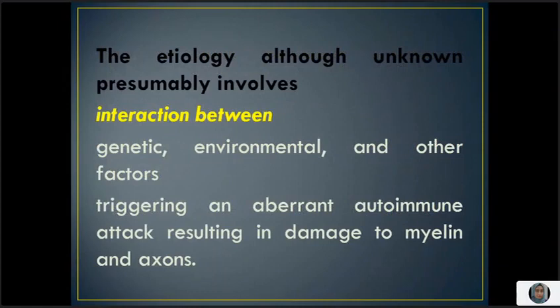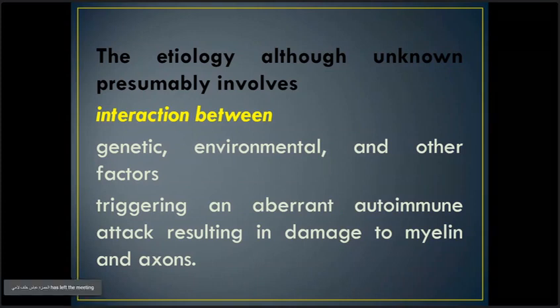As I mentioned before, the etiology is unknown, but presumably it involves interaction between genetic, environmental, and other factors. This multifactorial etiology triggers an aberrant autoimmune attack, resulting in damage to myelin and axons.